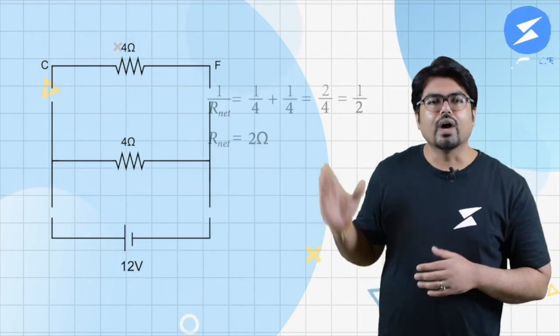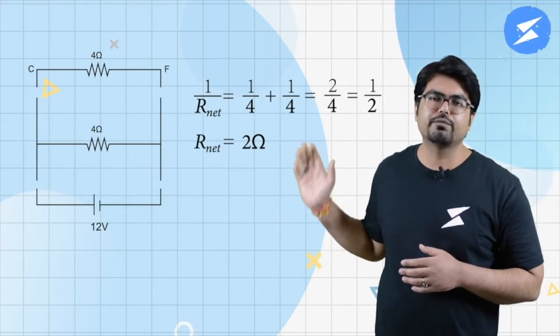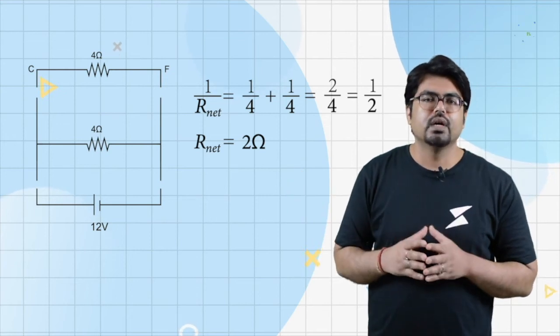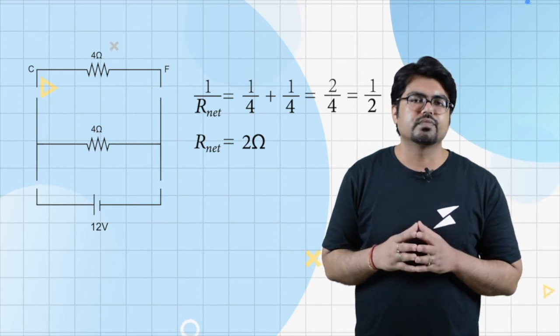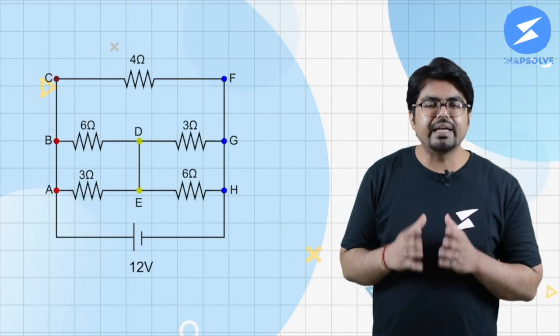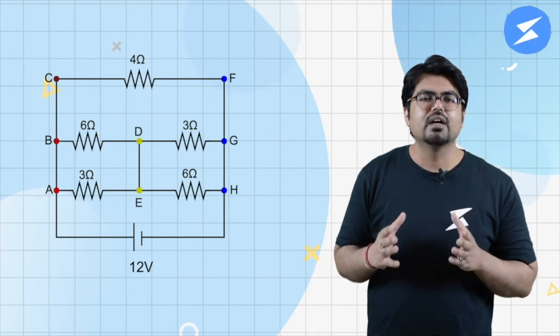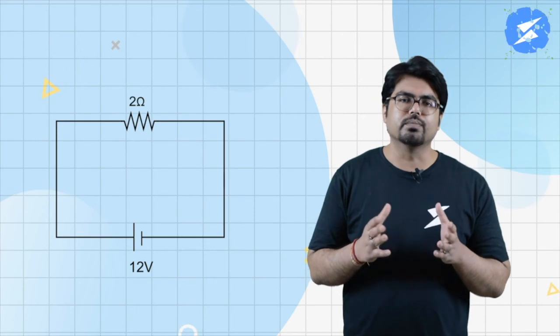So 1 by R net equals 1 by 4 ohm plus 1 by 4 ohm, and the value comes out to be 2 ohm. So the whole circuit turns out to have a net resistance of 2 ohm. We can replace the complete circuit we started with by a 2 ohm resistor, and we can say that the whole circuit has an equivalent or net resistance of 2 ohm.